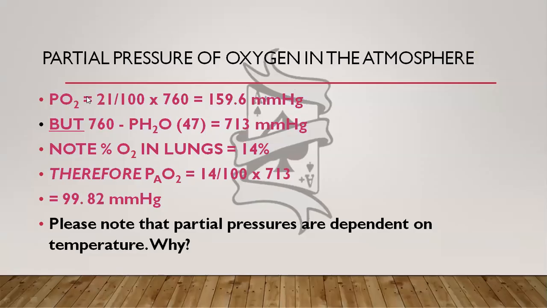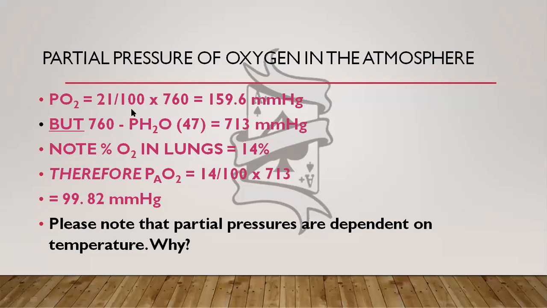So if we want to know the partial pressure of oxygen, we can just take the 21% that it holds of this total. So this is the partial pressure percentage of the total pressure, which is 760 millimeters of mercury. And we get this nice value of 160 millimeters of mercury.